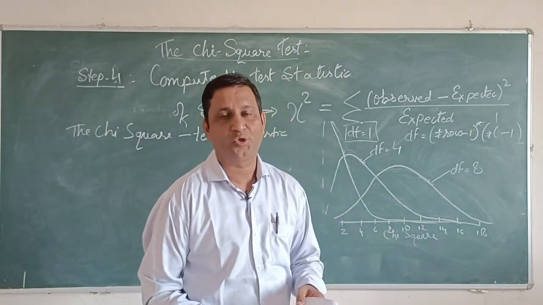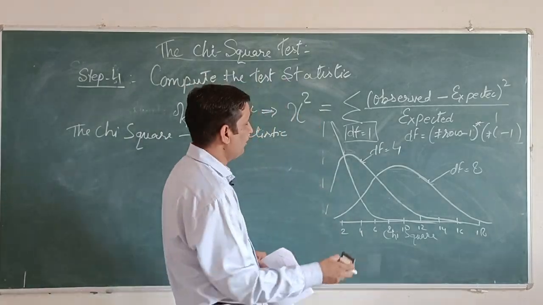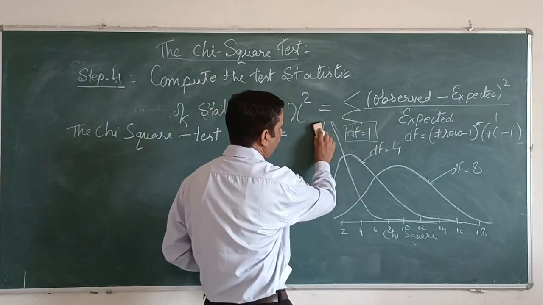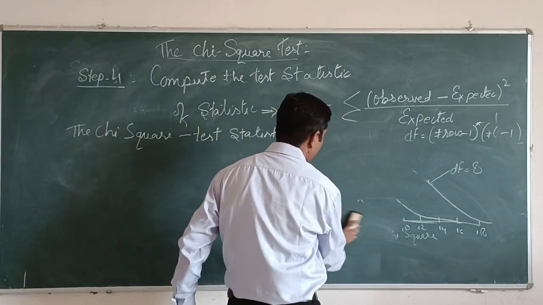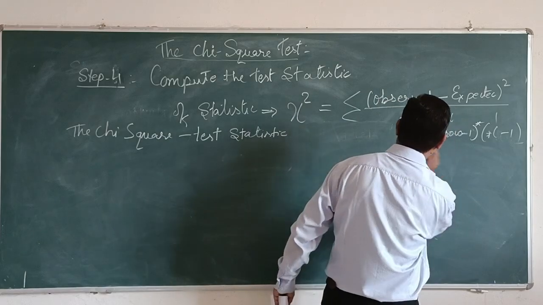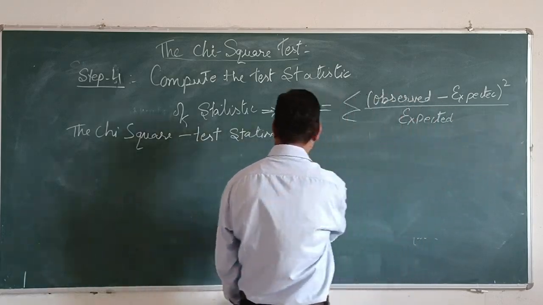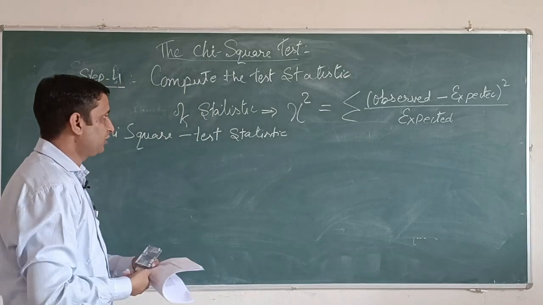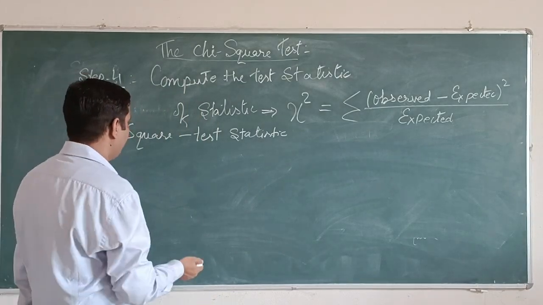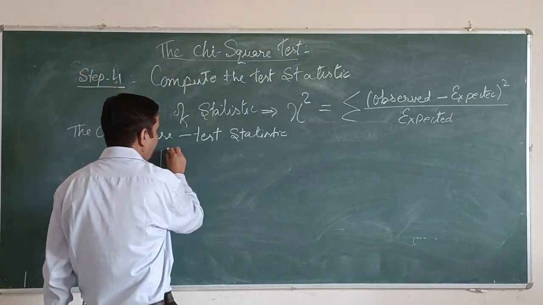In it, we use the basic formula which we already put here. From that formula, we will solve an example. For that, we just draw a table to make the example easy.